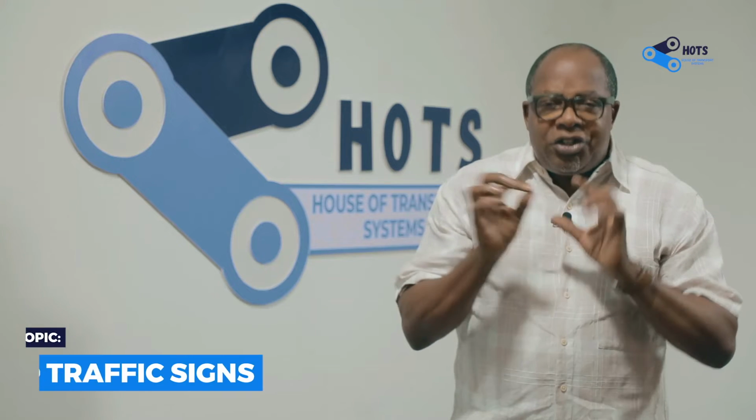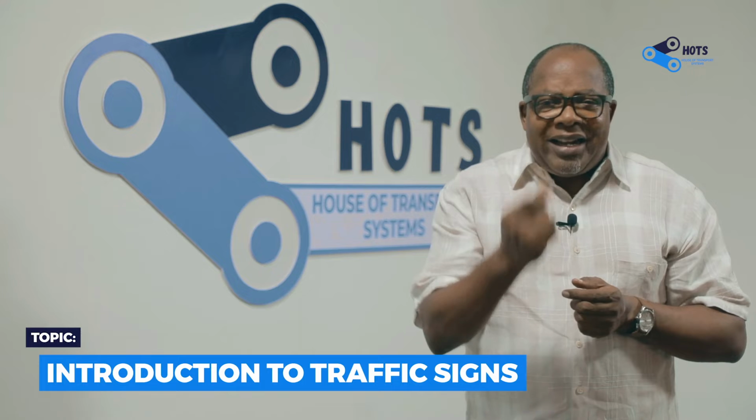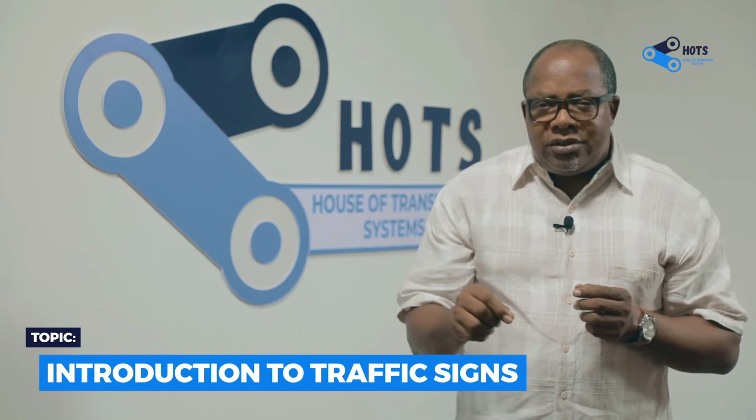In a nutshell, a traffic sign can be likened to someone like me standing on the road and telling you what to do, when, how, and whether it is morning time, afternoon time, evening time. Just basically communicating with a road user.